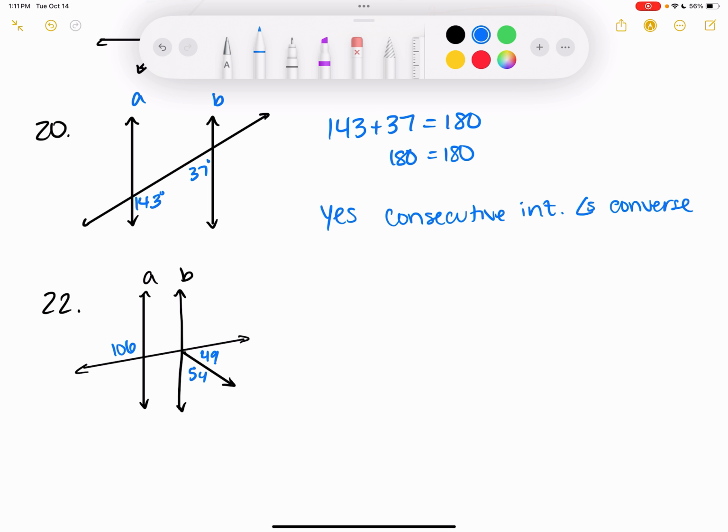It's not just two lines and a transversal. We have an extra ray on here, which is causing it to form two different angles. So, based on the given information, can I say that these lines are parallel? Or are these lines parallel given the information that I have?